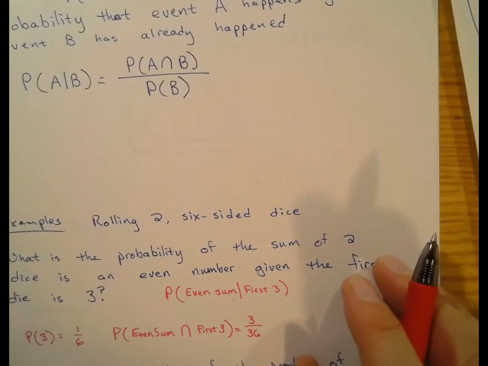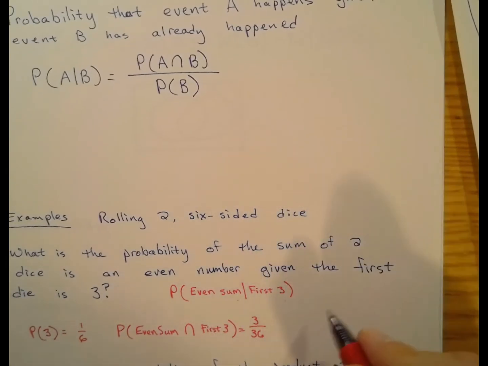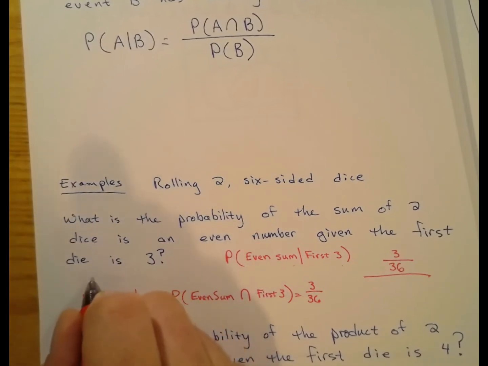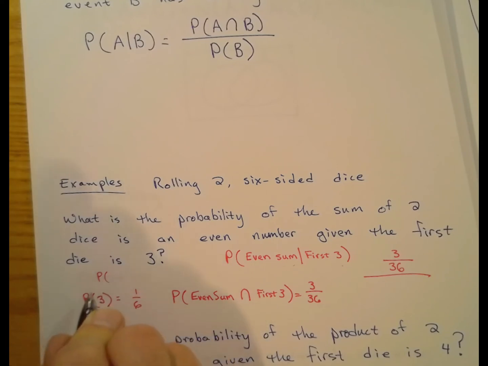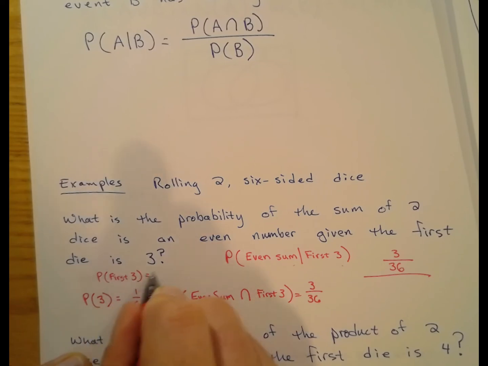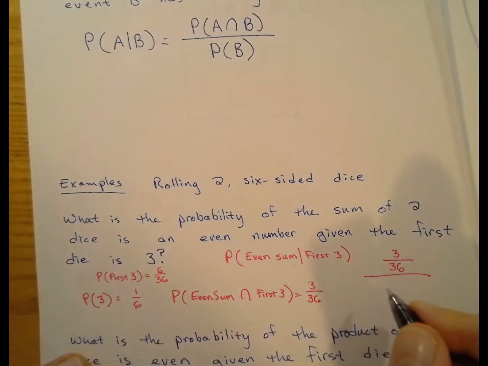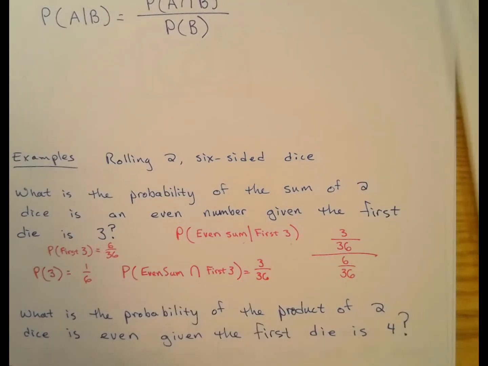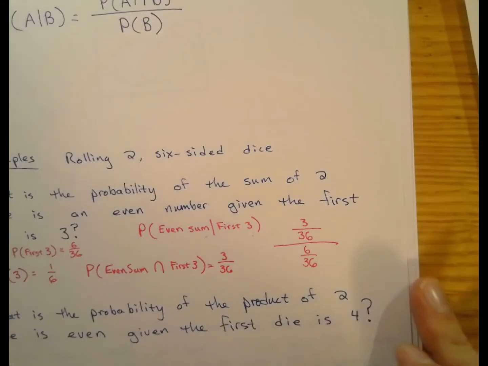It is the probability of both of them happening, so 3 out of 36, divided by the probability of just B happening. The probability that the first die is 3 was actually 6 out of 36. It's better to leave it in this unsimplified version because of the simplification that's about to happen.